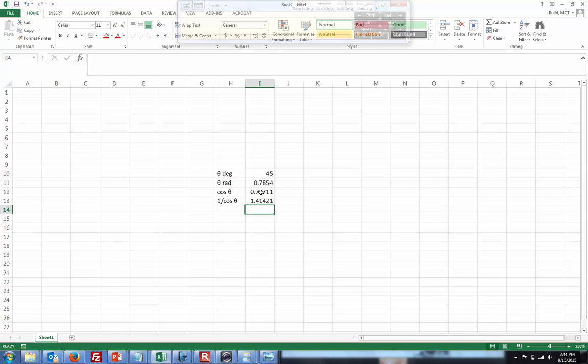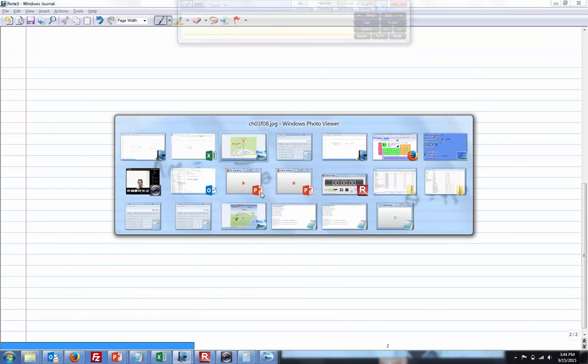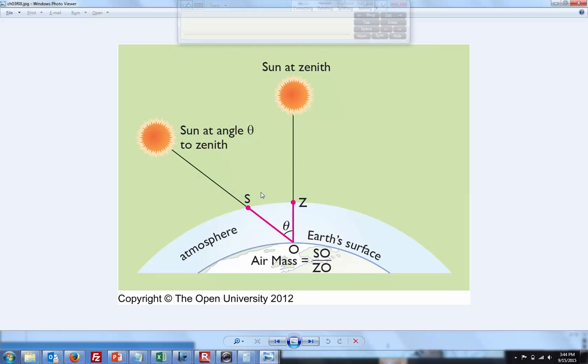What's that telling me? If I go back, is theta at an air mass of 1.5 greater than or less than 45 degrees? The air mass would be greater, yeah, and so that theta would actually be more open.